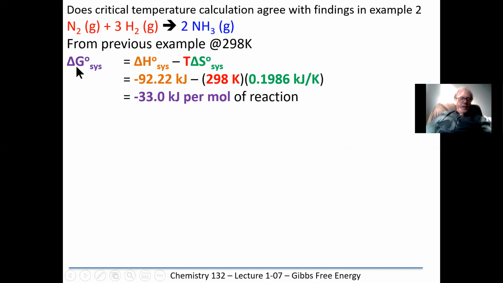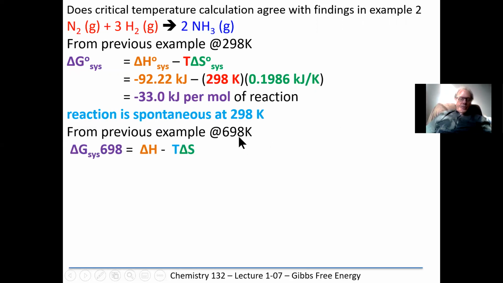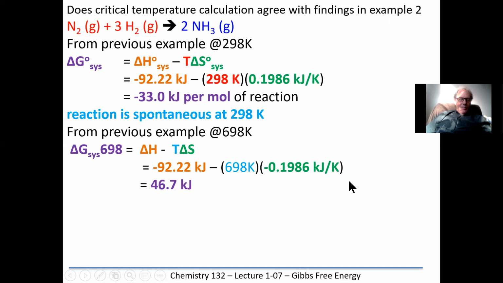Because it's a negative quantity, we said when delta G is negative, a reaction is spontaneous, or when the entropy of the universe is positive, it's spontaneous. We also calculated the value at 698 Kelvin, which was 46.7 kilojoules. It is not spontaneous at this temperature.